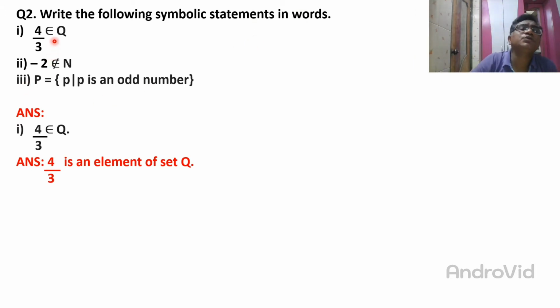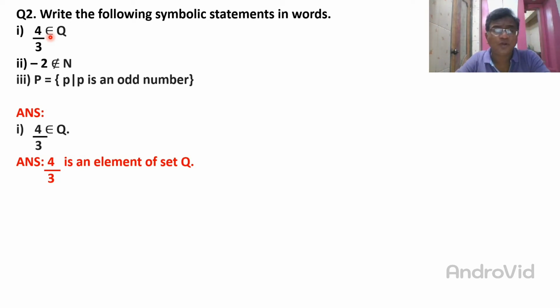So see here, my students, this symbolic statement, see this. Are you sure? See where I am pointing, the red dot here. This symbol is called belong to. What is it called? Belong to. Okay, so this is called belong to.